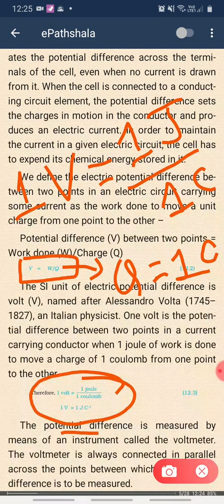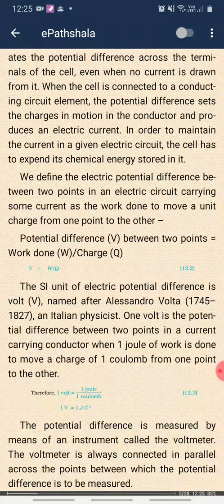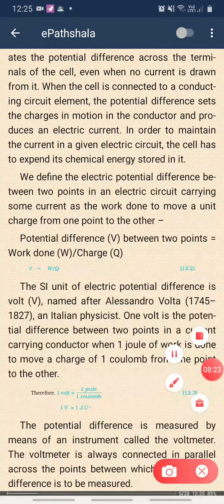Now, potential difference is measured by an instrument called a voltmeter. The voltmeter is always connected in parallel across the points between which the potential difference has to be measured. Let's say this is the wire, and I want to measure the potential difference between these 2 points.